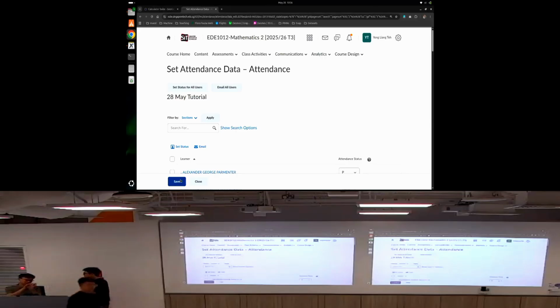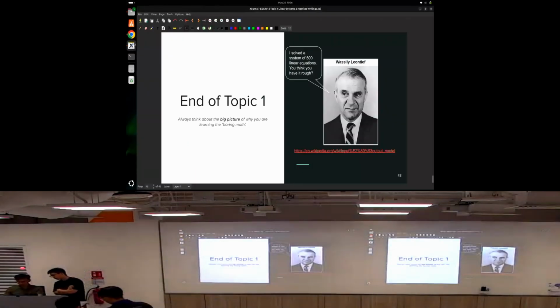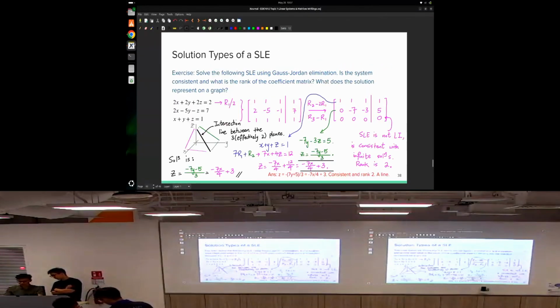Because, let's say for example, if your solution is a line, there are infinite solutions. Let's say you got this equation as your solution. It means it's not unique, and two of the variables will be dependent on the third one.